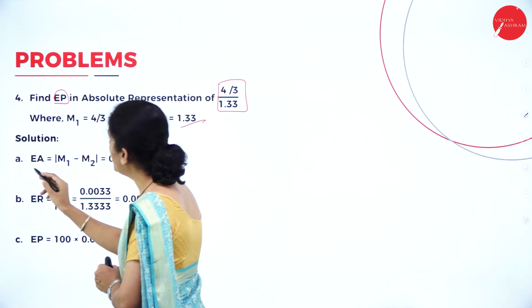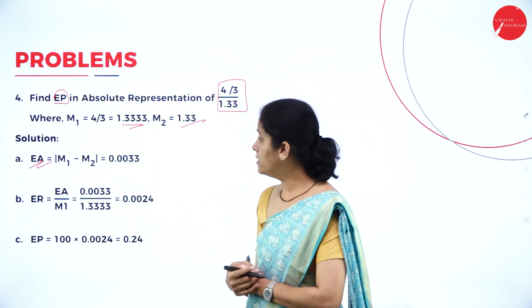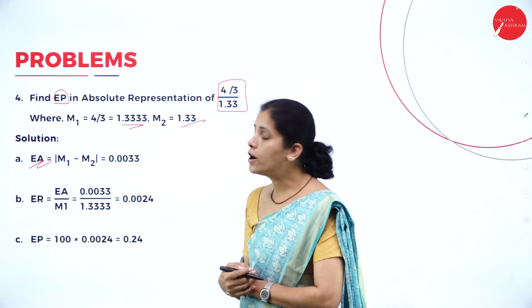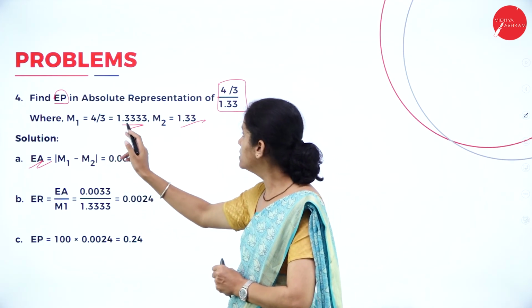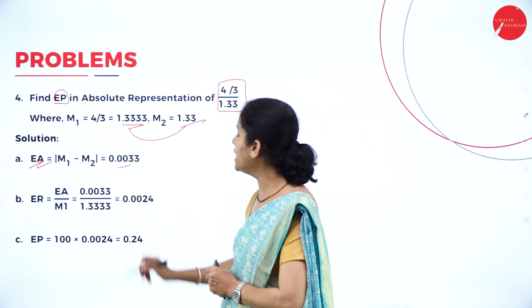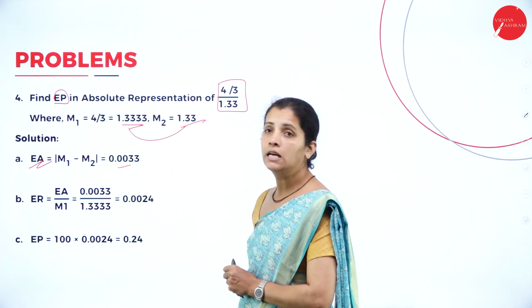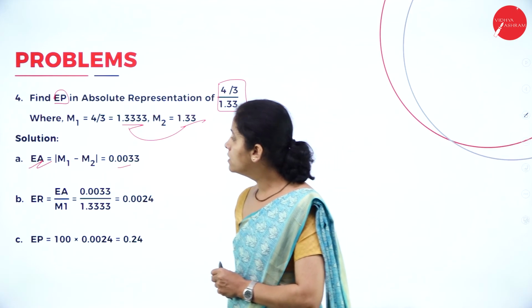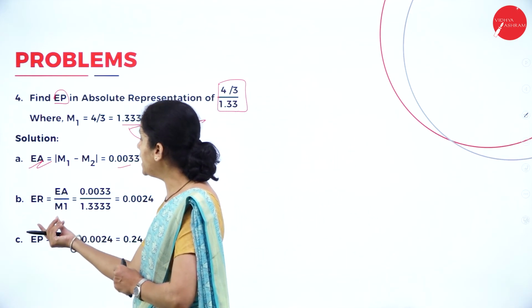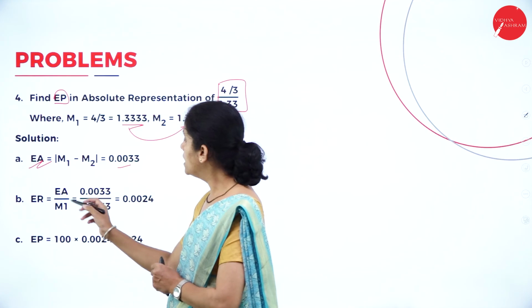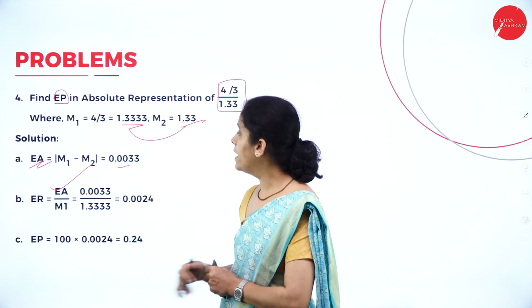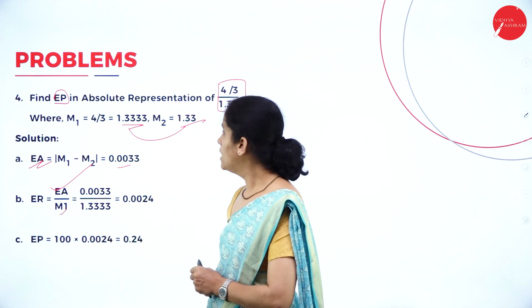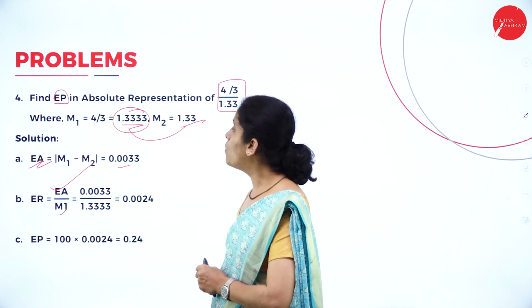Now I want to find the solution. First I want to find out absolute error. What's the formula? Mod M1 minus M2. When I subtract these two, I'm going to get 0.0033. Now, to find out relative error, I have the formula absolute error divided by exact value. I have the exact value 1.333.